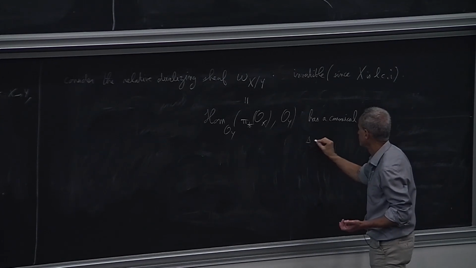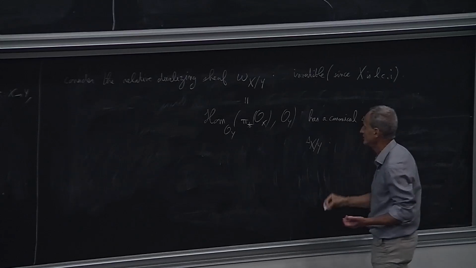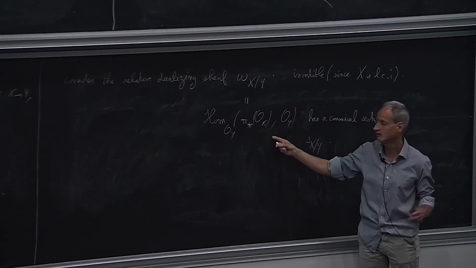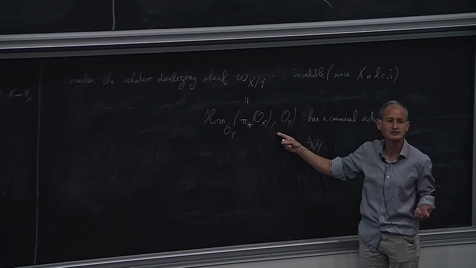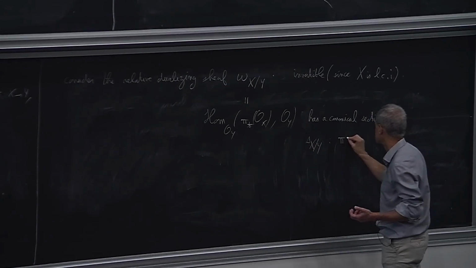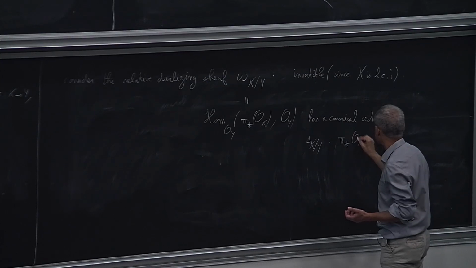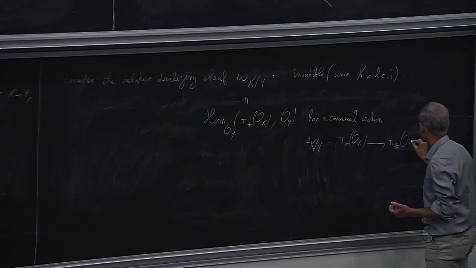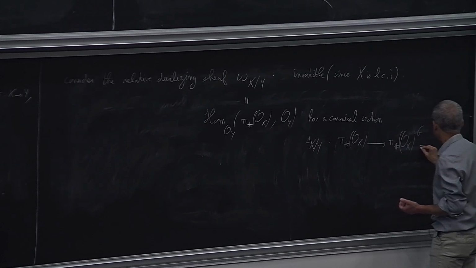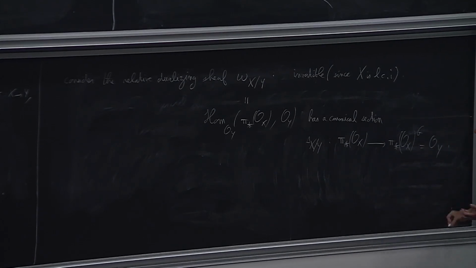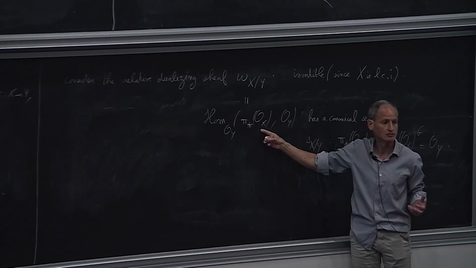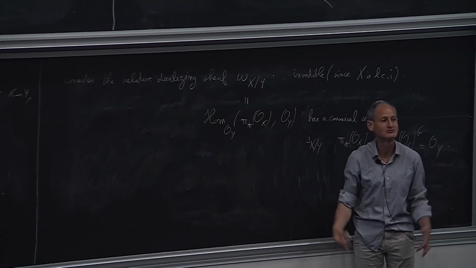Which I will write as x mod y, because if you look at all these homomorphisms, there is a nicer one, which is a projection to the invariants. So you see you have a diagonalizable group action, so you have a grading of this object, and you project to the degree 0 part. Okay?